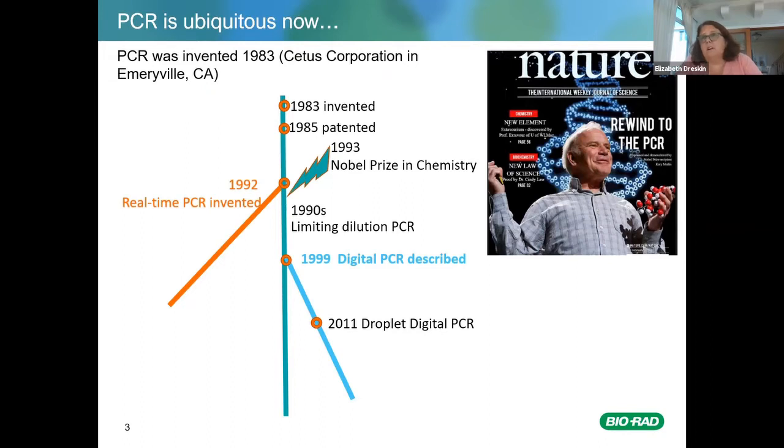This invention opened up lots of areas of exploration for scientists, and it's affected so much of our lives. So real-time PCR was invented in the early 90s, and then Droplet Digital PCR was invented around 2010 or 11. It's affected medicine and opened up lots of areas of research for us.